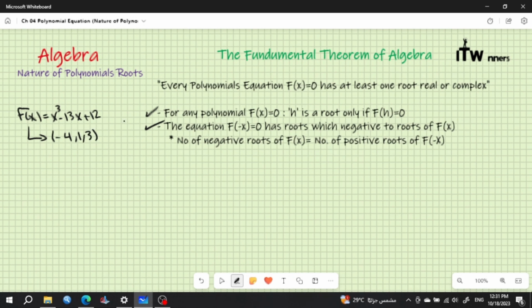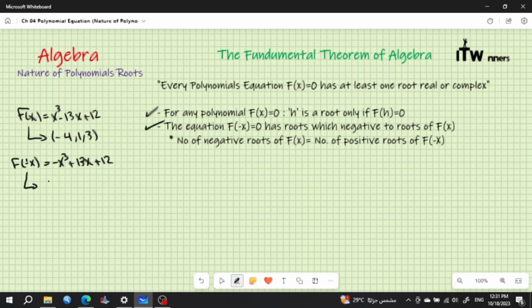Then from this statement we can obtain the roots of f(-x), which equals -x³ + 13x + 12.